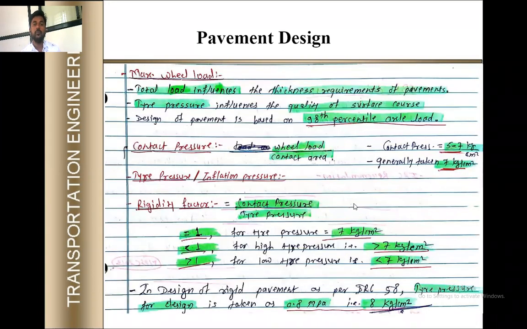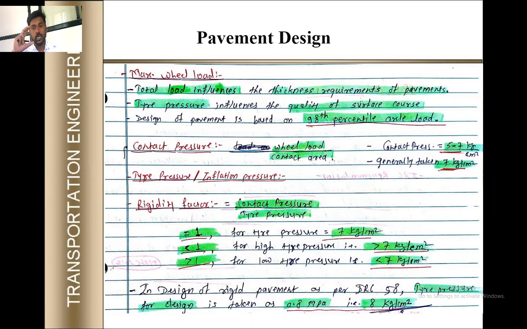Then what is the maximum wheel load? Maximum wheel load means what? The total load influences the thickness requirement of the pavement, because depending on the load transferred by the wheel, the thickness of the pavement is decided.